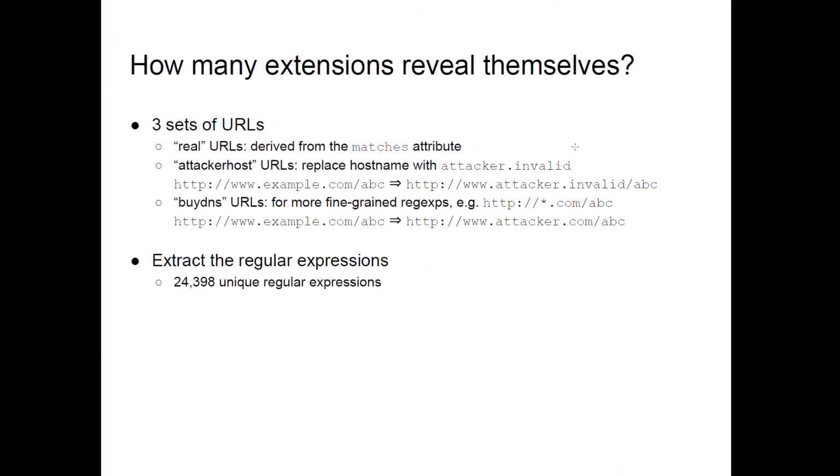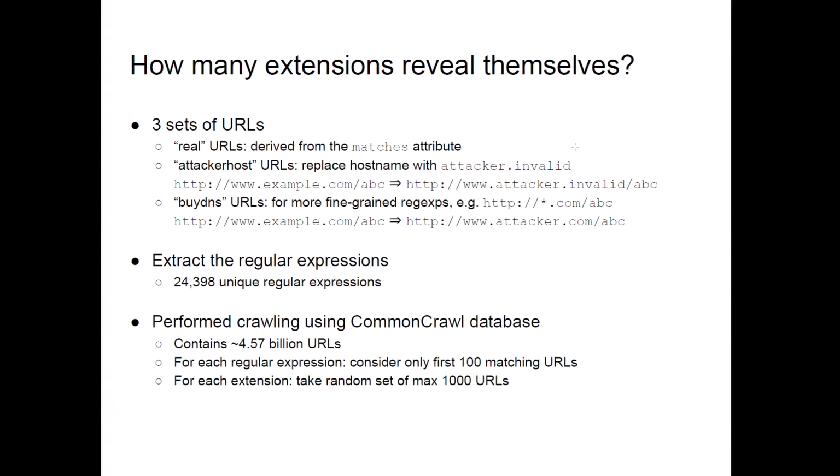We then extract all the regular expressions from the extensions, and it yields in total roughly 24,400 regular expressions out of the 13,000 extensions. And then we crawl, where we use the Common Crawl database. It has roughly 4.5 billion URLs. The reason why we use the Common Crawl database is because we want actual URLs to match these matches attributes.